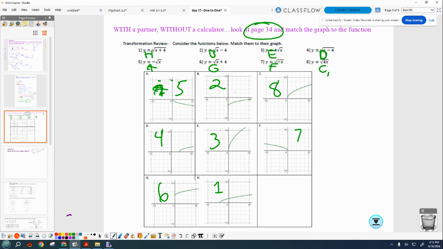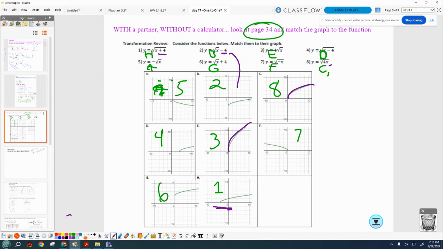Oh, I'm back. So, that 4 moves the whole function left 4 units. This -4 moves the whole function down 4 units. This 4 on the outside made it 4 times taller. Right here, it got tall. Similar to this one, but that one was only 2 times taller.